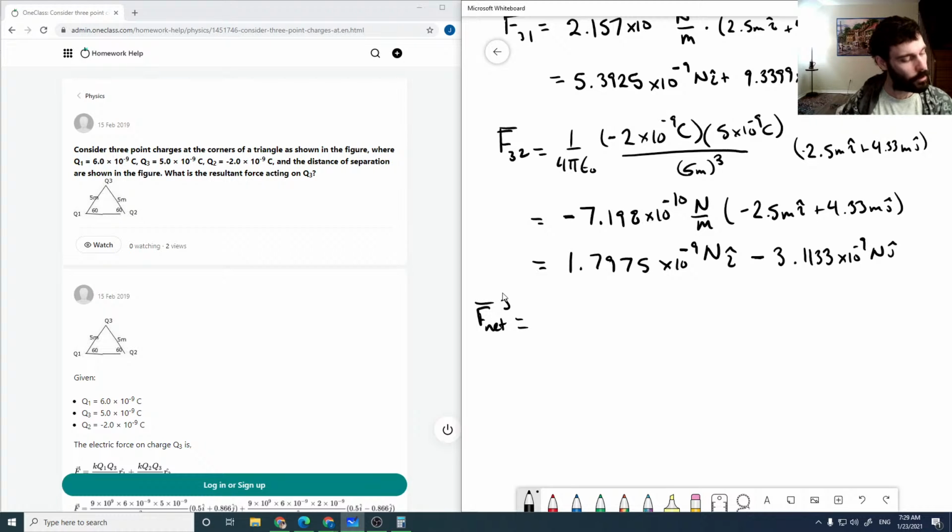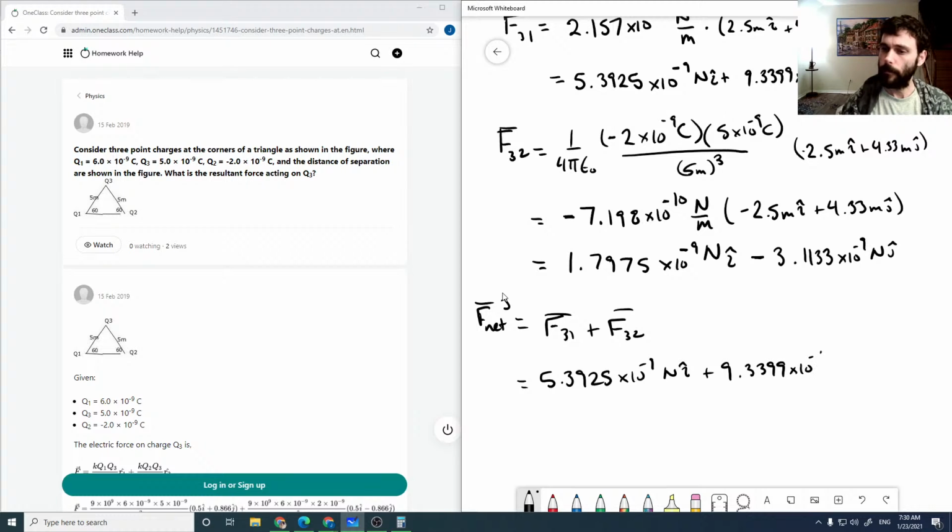So our net force on the 3 particle is just the sum of our 2 forces, which is, just to rewrite them here, that should be minus, sorry, minus 3.1133. There we go.